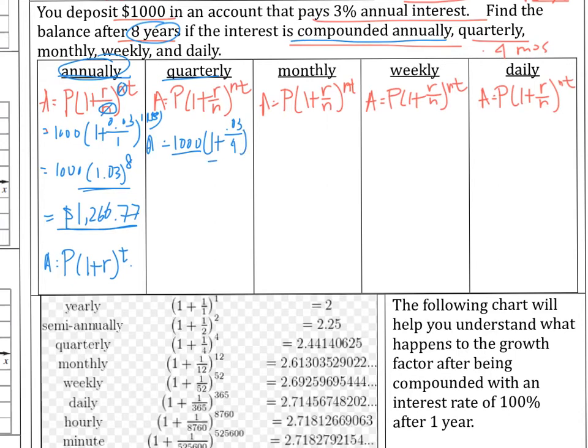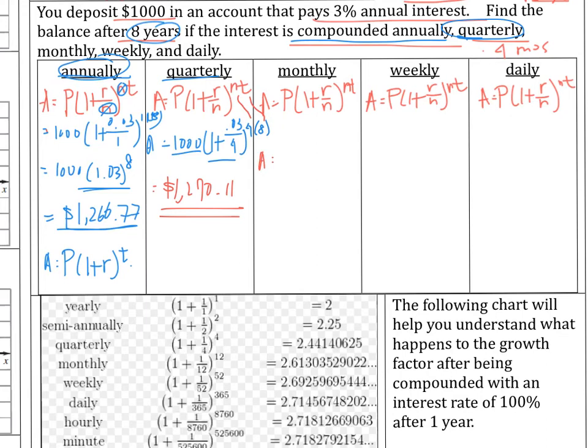So I'm going to take this growth factor and put it to the power of 4, representing the quarterly, times 8. So the 4 corresponds to n, and the 8 corresponds to t for the number of years. And after you use the calculator, you should get an amount of $1,270.11.